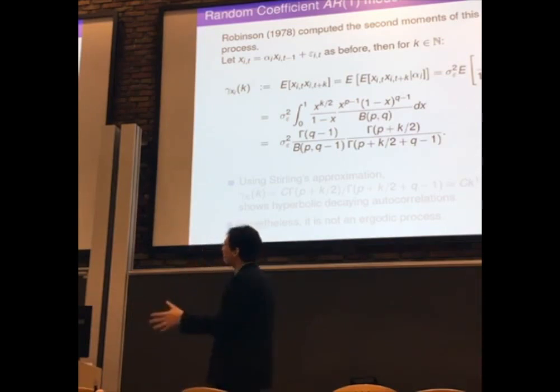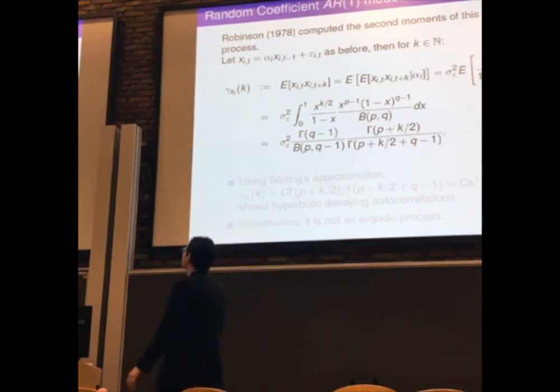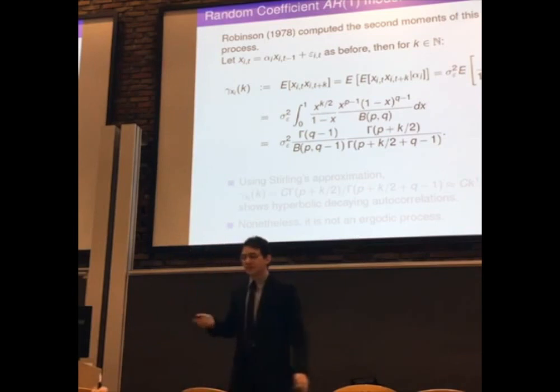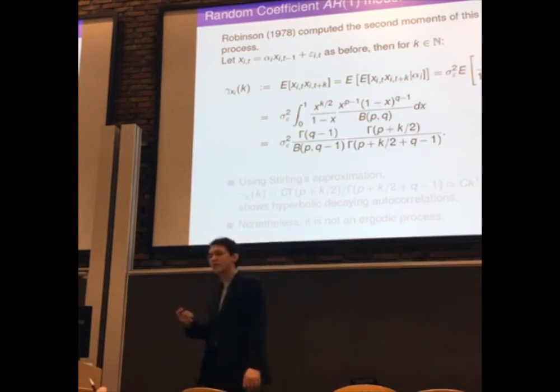We know alpha is a random variable, but we can still use this decomposition: condition on alpha and then take the expected value given alpha. Conditioning on alpha, we obtain the typical autocorrelation function that we expect for an AR1 process. If it were a constant, we would end up there, and that's the correlation function for an AR1 process.